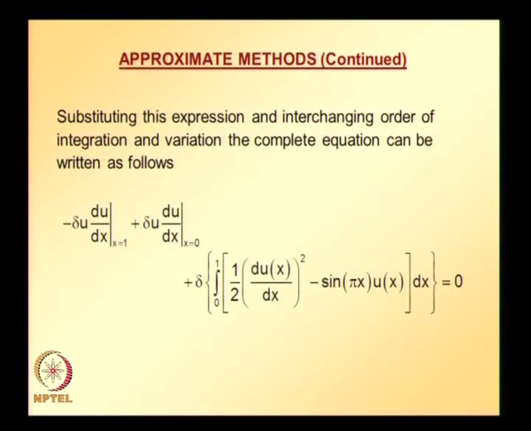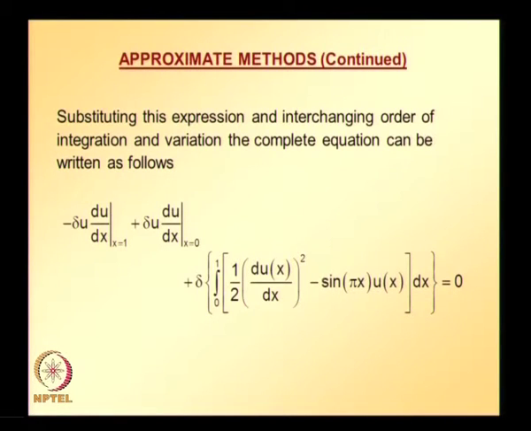Basically, in getting the equivalent variational functional for a given boundary value problem, the basic idea is to bring the given boundary value problem into the form variation of some quantity inside the bracket is equal to 0. If you see this equation, if we somehow get rid of the first two terms, we have what is desired, that is, variation of some quantity inside is equal to 0.